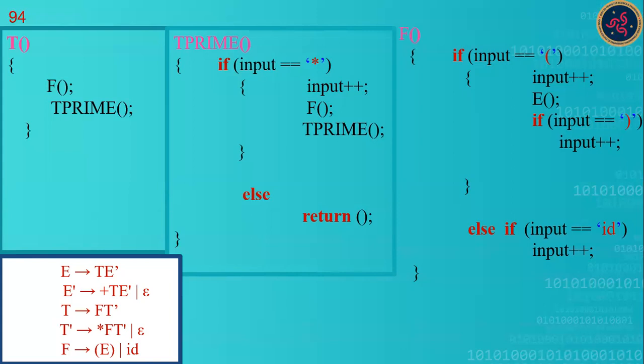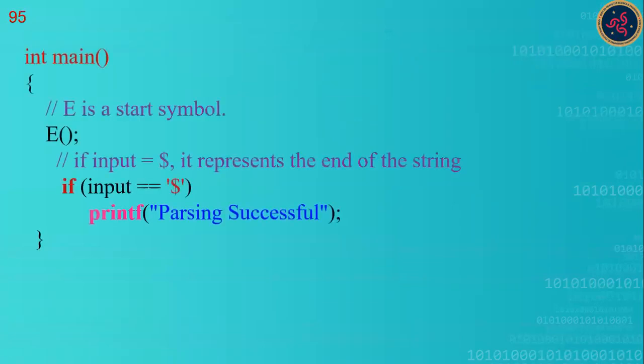Okay, so here if we want to write a main function, then the first line will be the call to the start symbol. So here the start symbol is E, right? After calling E, it will call T, E prime, everything will be called once this is called.